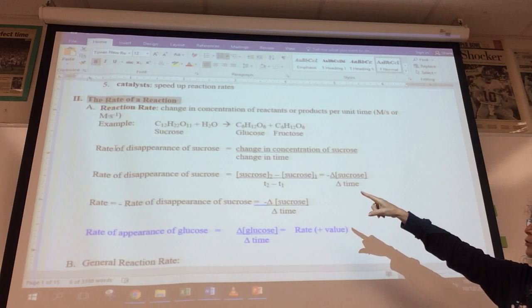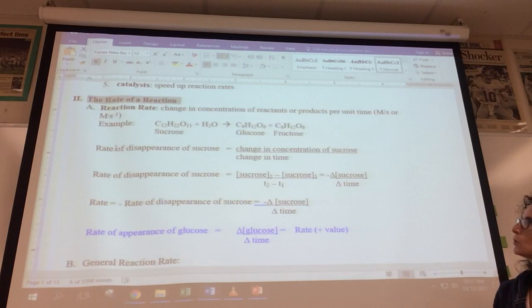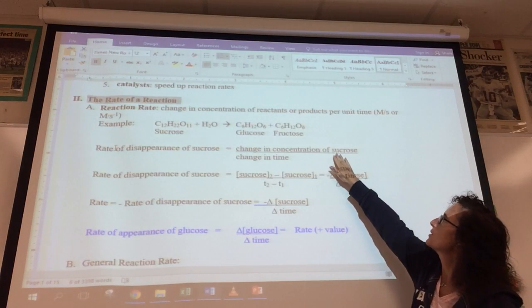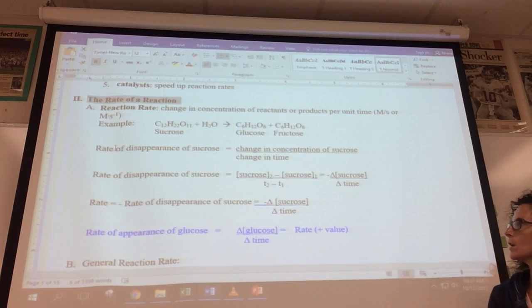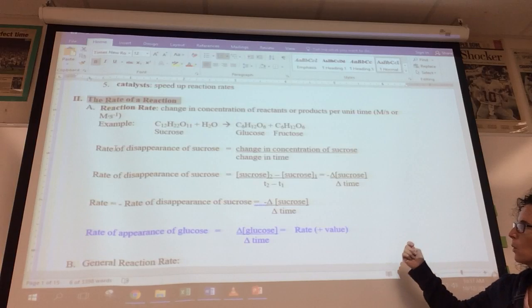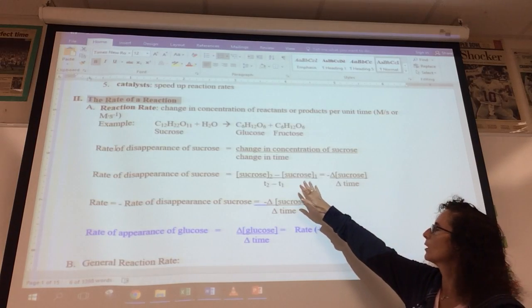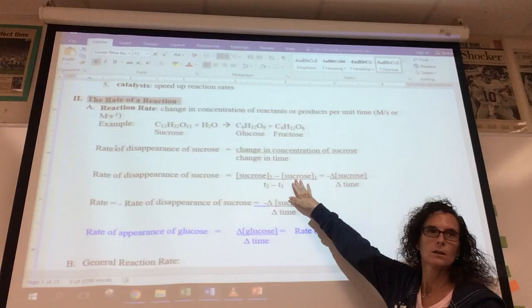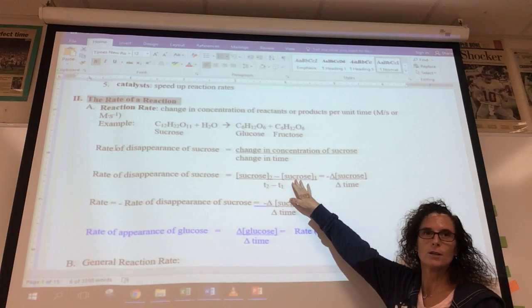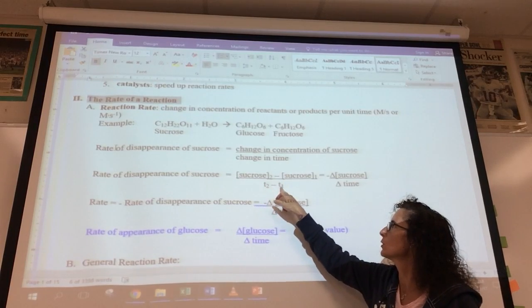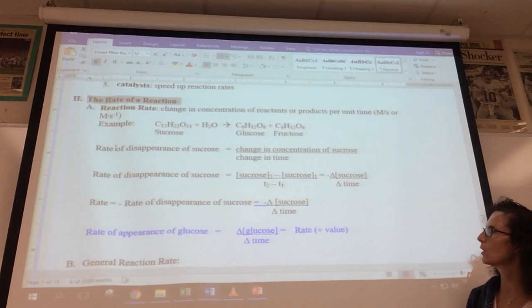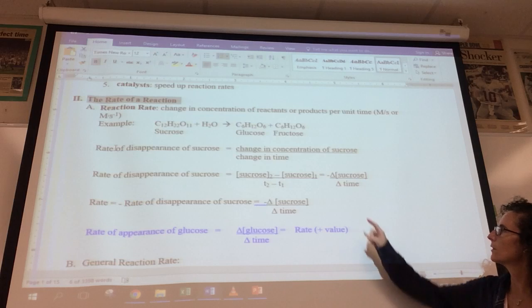You can calculate the rate of disappearance of sucrose by looking at the change in concentration of sucrose over the change in time. So you can record the concentration of sucrose initially. You can record the concentration of sucrose a little later on. If you subtract the two and divide by the time interval, you get the rate of disappearance.